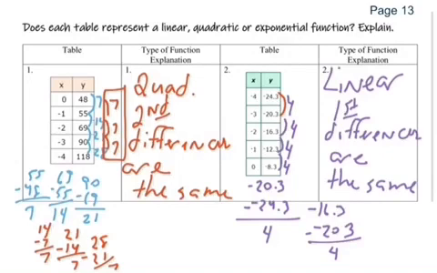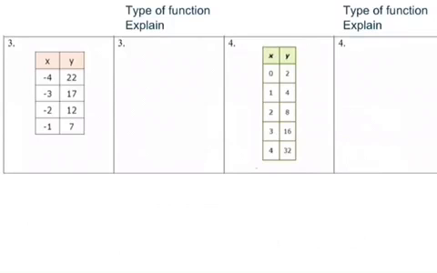For question number 3, now these numbers are decreasing, meaning you should have negative numbers when you're subtracting. And again, sometimes the numbers are small enough that you can realize to go from 22 to 17 you subtracted 5, 17 to 12 you subtracted 5, and you subtracted 5.